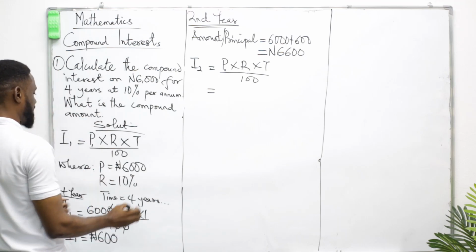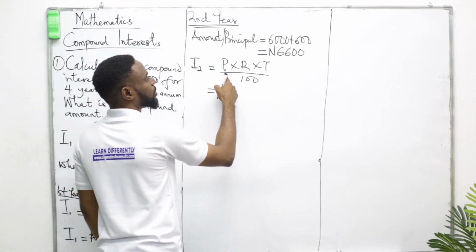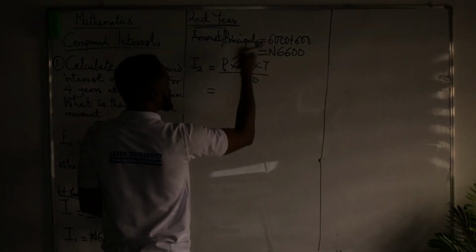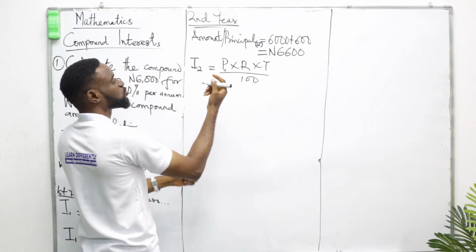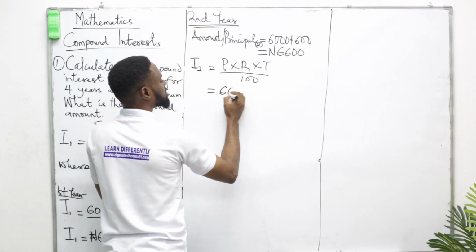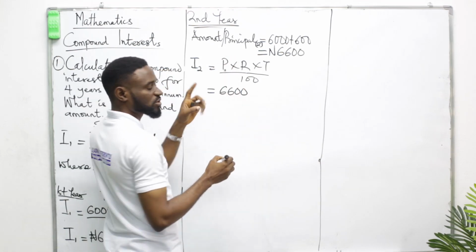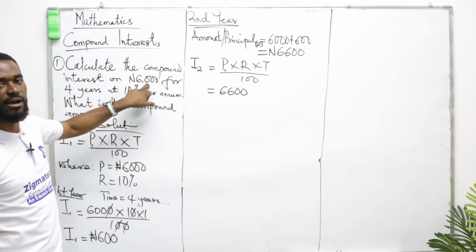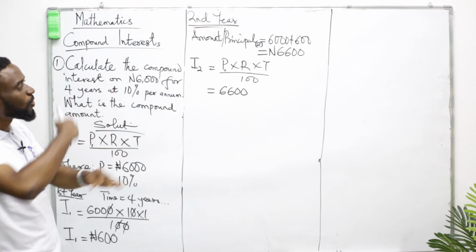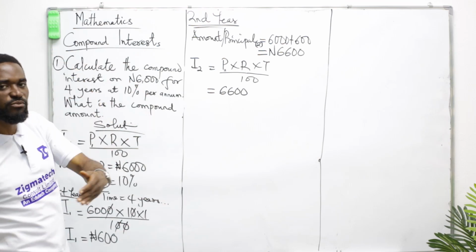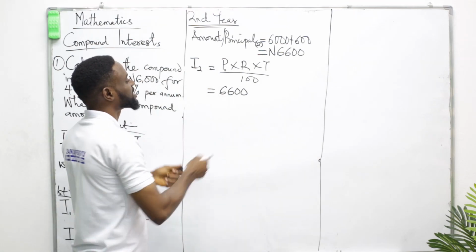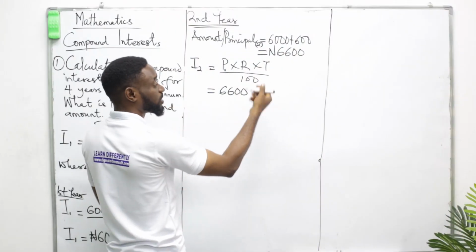All right, so this is our P2, principal 2 or amount 2. So P2 is now 6,600. You get the point now? Instead of bringing in the 6,000, no, the new amount is what we use for the simple interest of the next year. So 6,600 is the new amount for the next year.